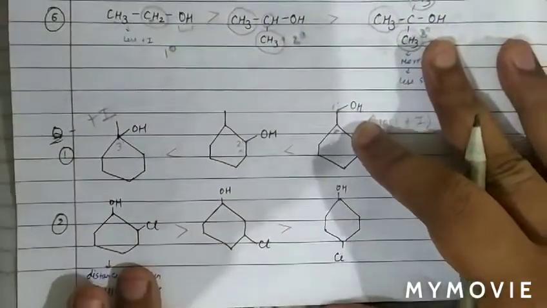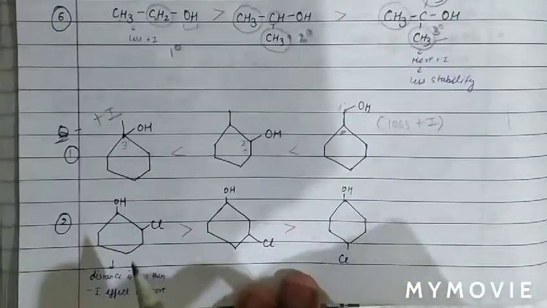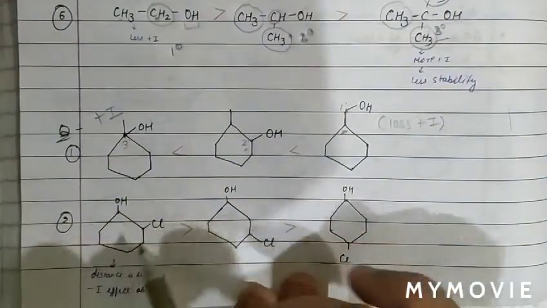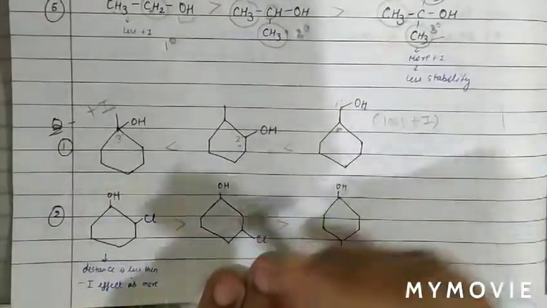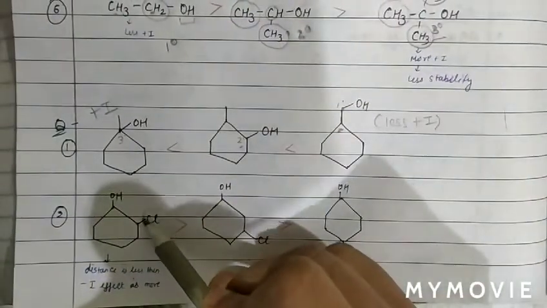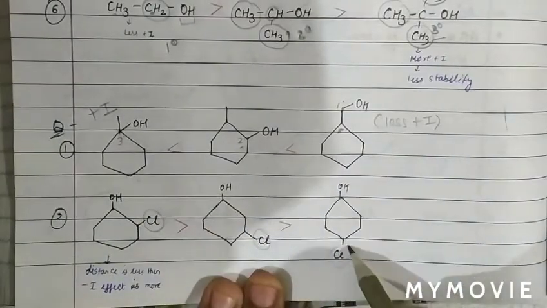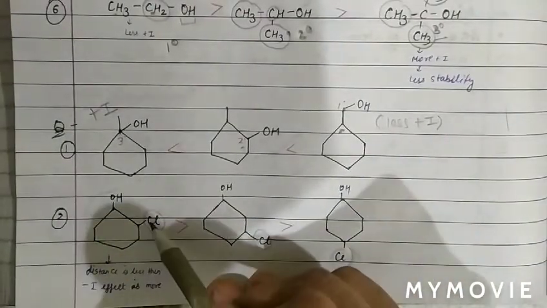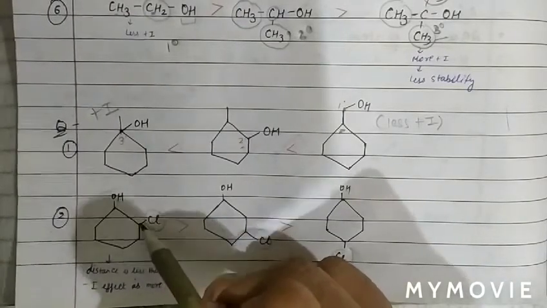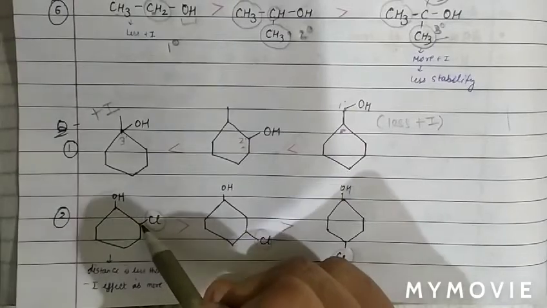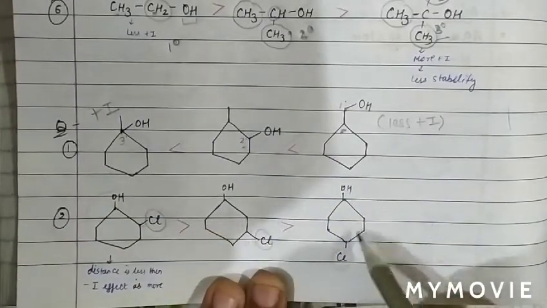In this question, we have to compare the acidic strength of the OH group, and we know the inductive effect is a distance-dependent effect. In this case chlorine is minus I, and we can see that chlorine is at only one distance, so it is at the first carbon atom, while in the next case there are 2 carbon atoms, and in this case 3 carbon atoms.